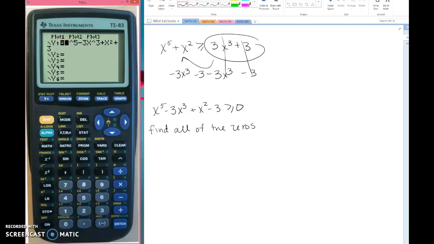Just so you didn't have to watch me do it, I've already put it in the y equals: x to the fifth minus 3x cubed plus x squared. Oops, I put a plus 3 when we want, good thing I checked it, we want this to be subtracting 3.